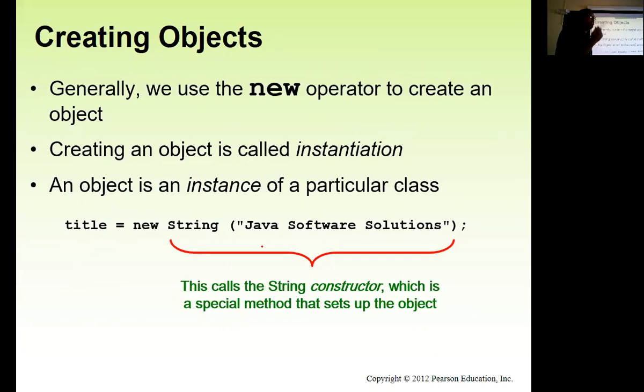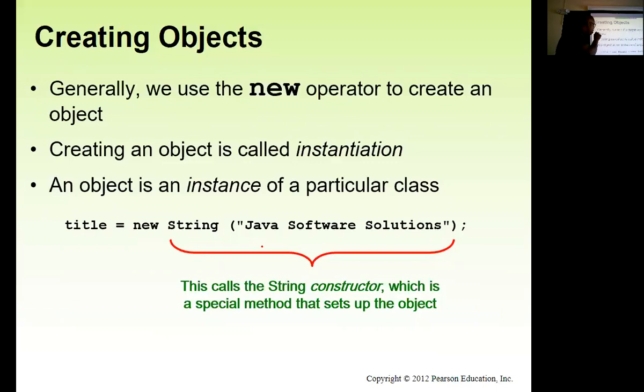So remember when we talked about constructors last week, we said that the constructor is a special type of method that bears the name of the class and has no return type. So the new String is basically calling the constructor for the String class, right?